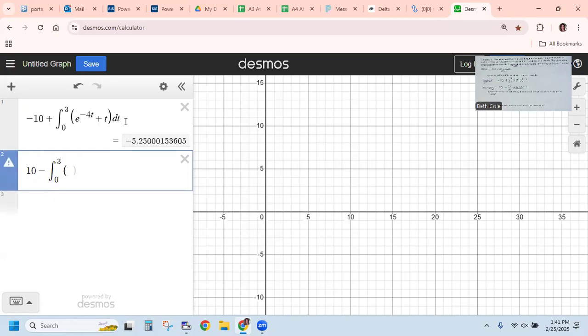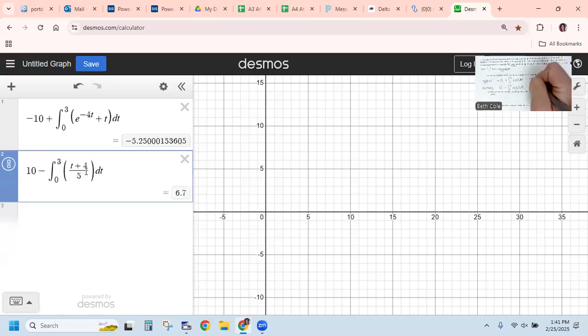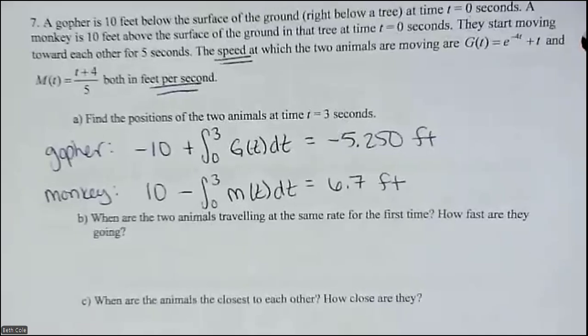All right, what was that one? T plus 4 divided by, was it 5? Cool. Gopher is at negative 5.250 feet. Monkey is at 6.7 feet. So let's stop and analyze real quick.